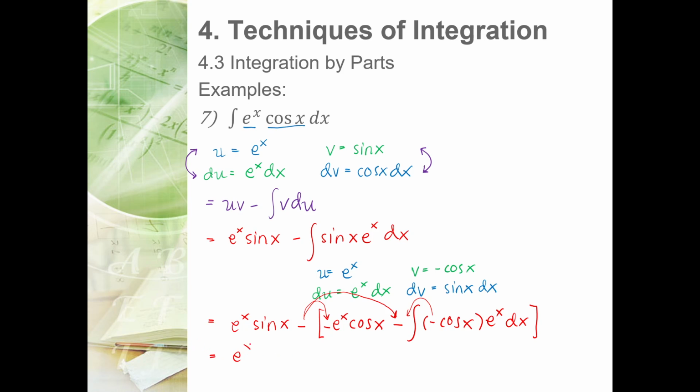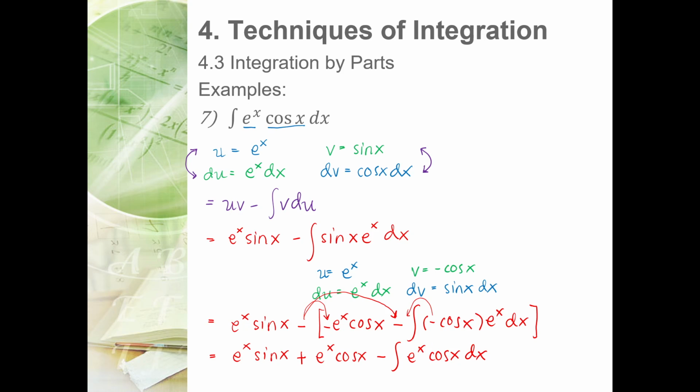So this becomes e to the power of x sine x, then plus e to the power of x cosine x, and then minus the integral of e to the power of x cosine x dx.